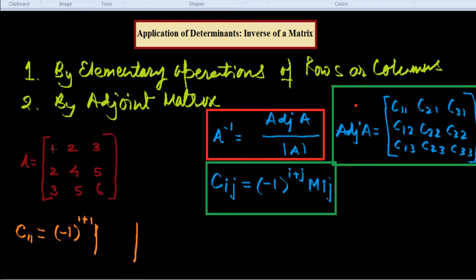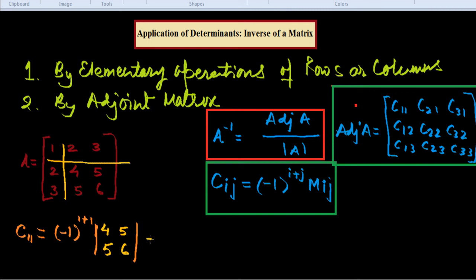And A11 is the first element, first row and first column. We have to leave the elements of the first row and first column, and the remaining elements we write here: 4, 5, 5, 6.